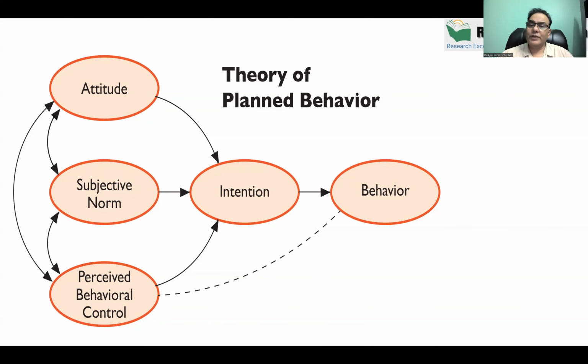So number one, the theory is general. If you are using this theory for organic food or branded product or luxury buying, something like that, it means you are adapting the theory for your product. मतलब ये थ्योरी तो कॉमन है, ये थ्योरी किसी पर्टिकुलर डिसीजन की बात नहीं करती है.